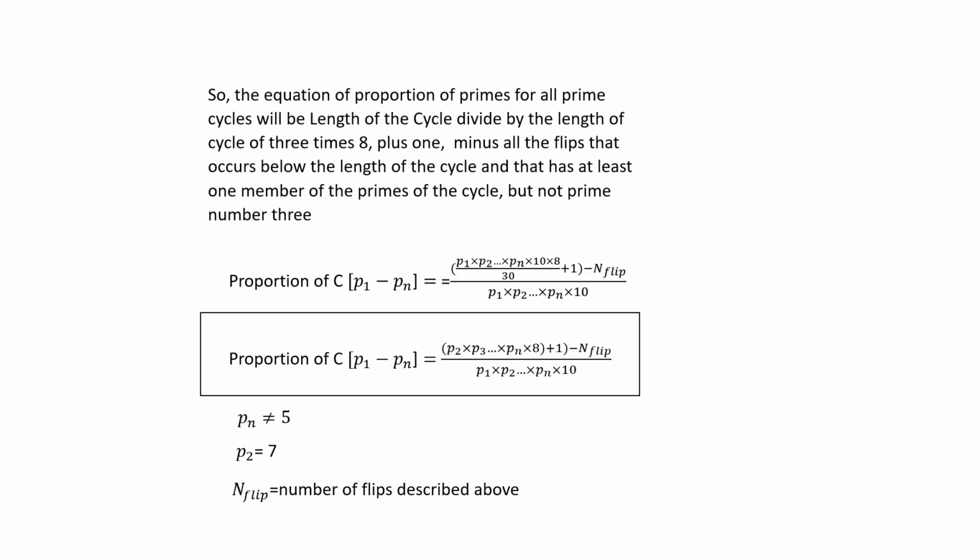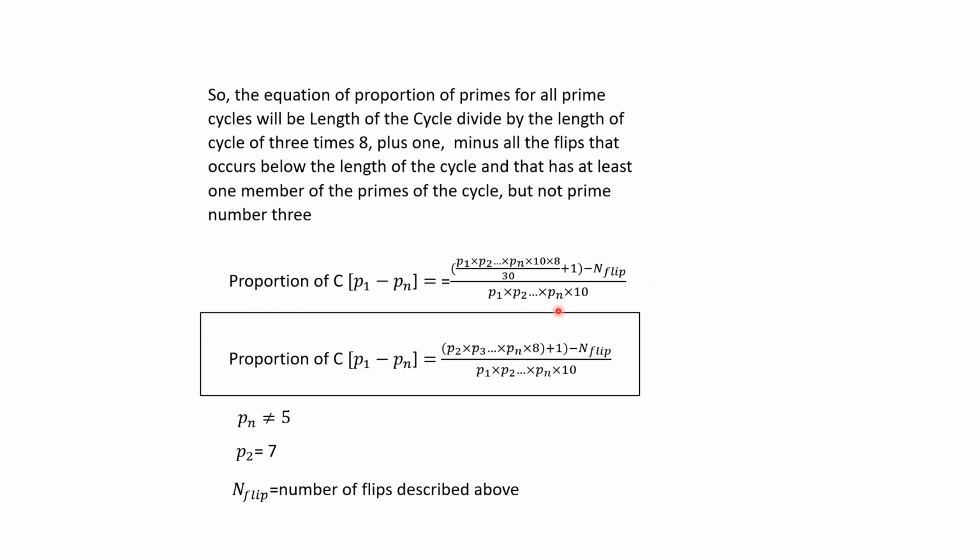So the equation of proportion of primes for all prime cycles will be the length of the cycle divided by the length of the cycle of 3 times 8 plus 1, because the 3 is going to be a prime, minus all the flips that occur below the length of the cycle and that have at least one member of the primes of the cycle, but not prime number 3. You have the equation there, and it's this one here.